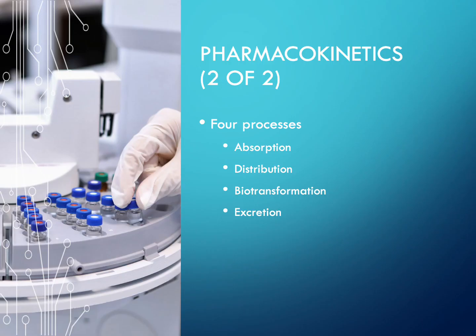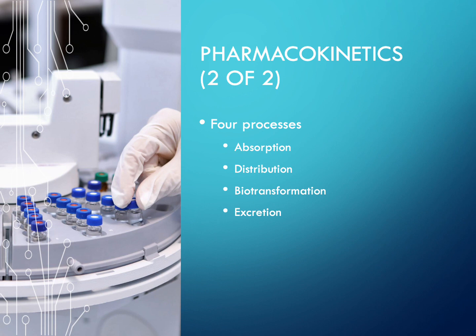As I mentioned, pharmacokinetics involves absorption, distribution, biotransformation, also called metabolism, and excretion. So think way back to chemistry class. Kinetics, remember, has to do with forces, energy, and motion.